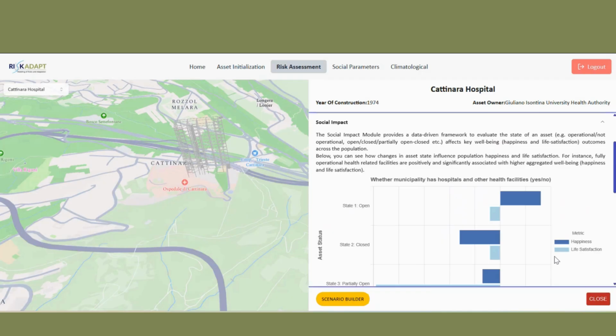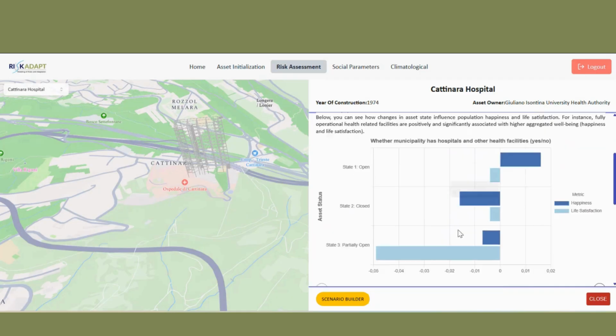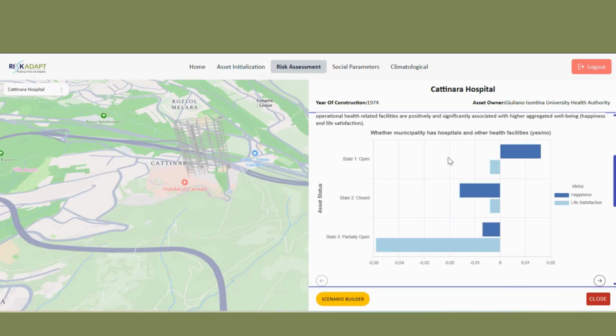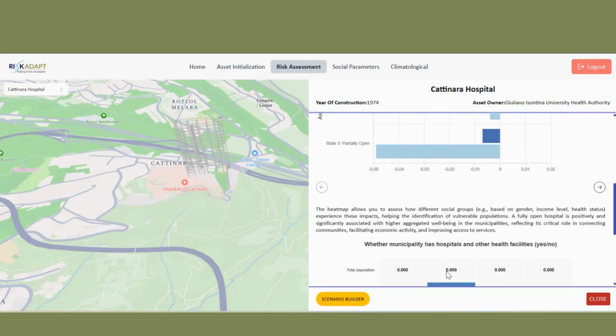And for well-being, they consider 2 main components: happiness and life satisfaction. As you can see, in most cases, when the asset is open, it has a positive impact on the well-being of the citizen. But when it is closed or partially open, then the impact is negative.